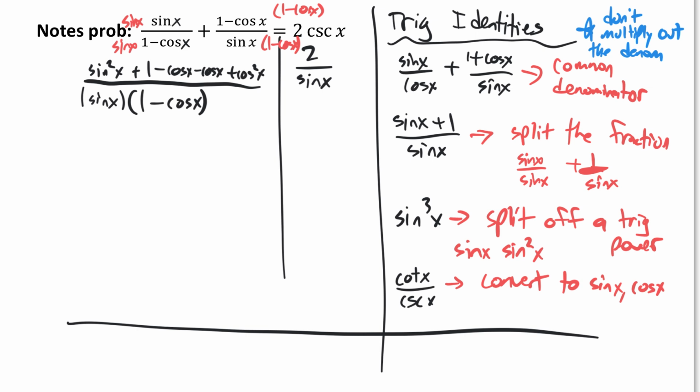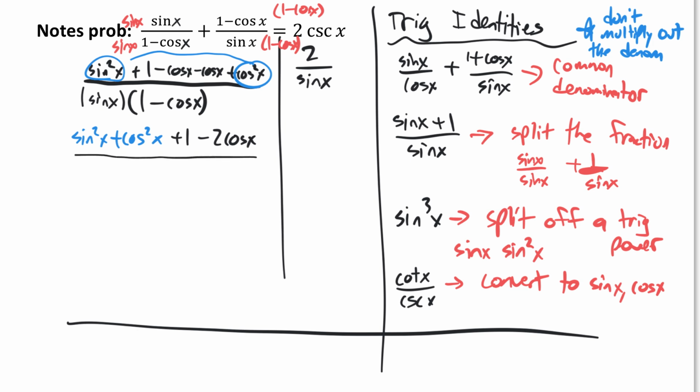So I have a sine squared plus a cos squared. So let's go ahead and group those up together. So sine squared plus cos squared. Then I've got plus 1 minus 2 cos x over sine x times 1 minus cos x.